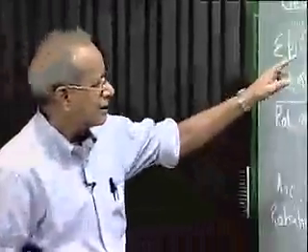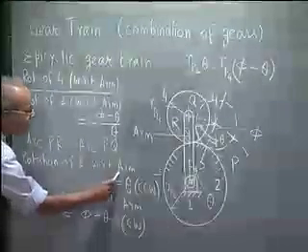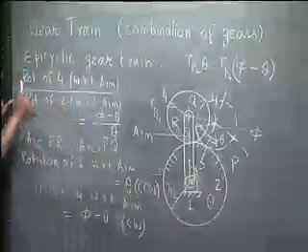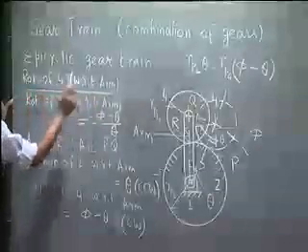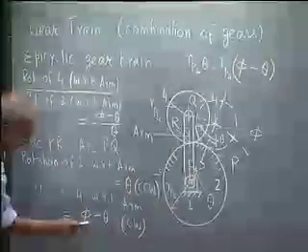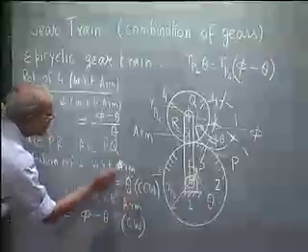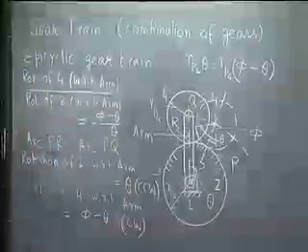So we see that in this epicyclic gear train, the relative rotation of 2 gears with respect to the arm, if I write rotation of 4 with respect to arm divided by rotation of 2 with respect to arm, is phi minus theta divided by theta, but this is clockwise, this is counterclockwise, so I put a negative sign.